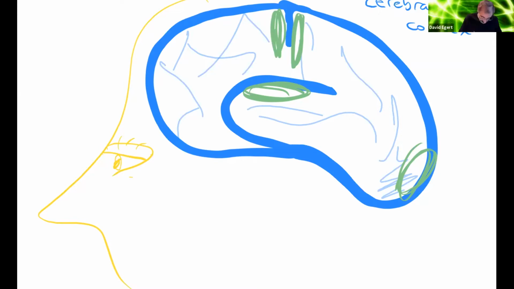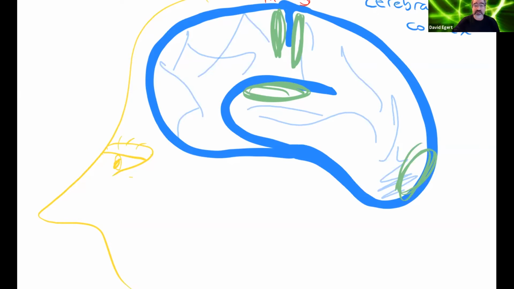Part of the way I remember, even now, I still use this little trick. It's not cheating to have mnemonics or little tricks to remember things. That's how we remember things. So the way I've always remembered that the motor cortex is the one that's more in front, the precentral, is that M comes before S in the alphabet.